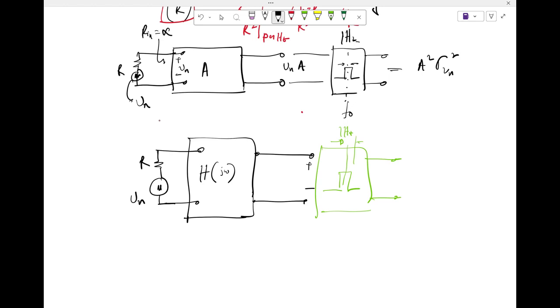What am I going to get at the input here? So in terms of actual voltages, I should get h of j omega times V in of j omega, correct? But this V in of j omega does not have any meaning because this is noise, right? I do the experiment now.